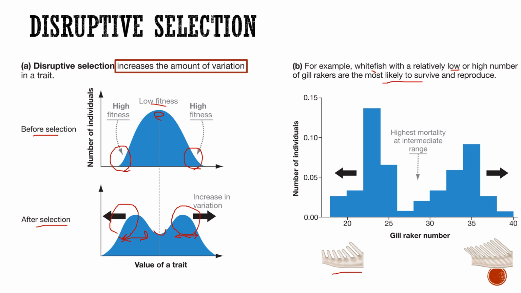So over time, with selection, again, survival of the fittest, we get a high population of those with a low number of gill rakers and a larger population with a high number. But those kind of in the middle and between the high and the low, they're less able to survive.